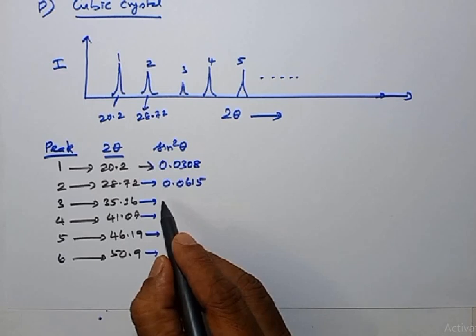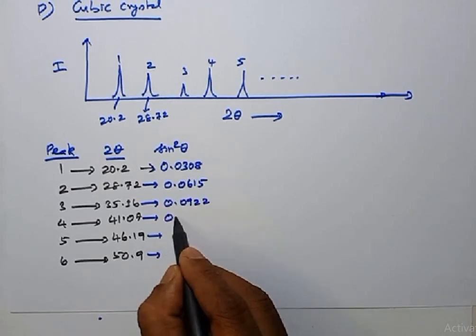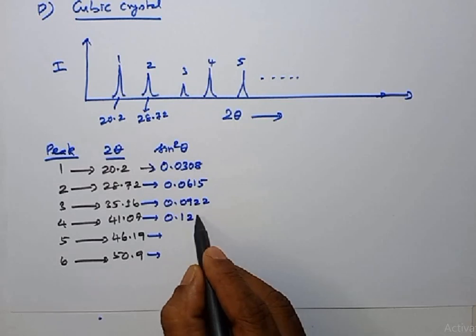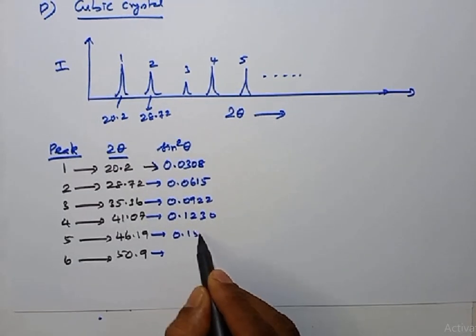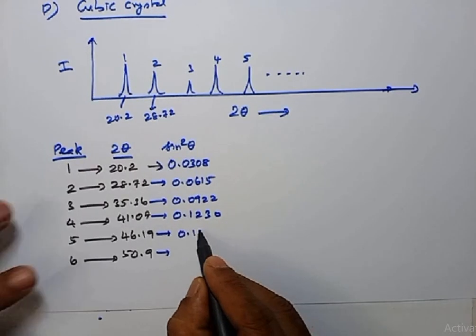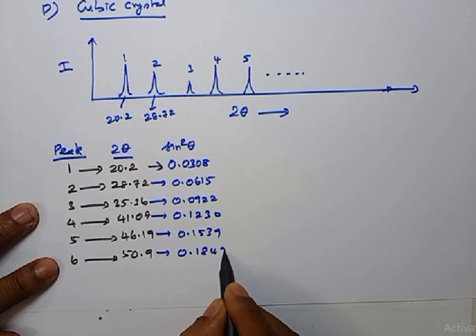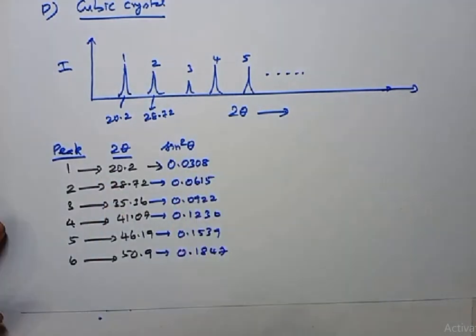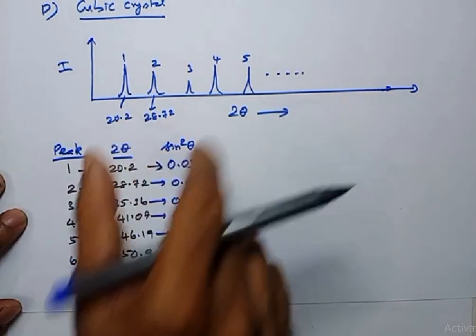Then for this we'll get 0.0922, then 0.1230, then 0.1539, then we get 0.1847. What I did, these values I got from the XRD pattern.